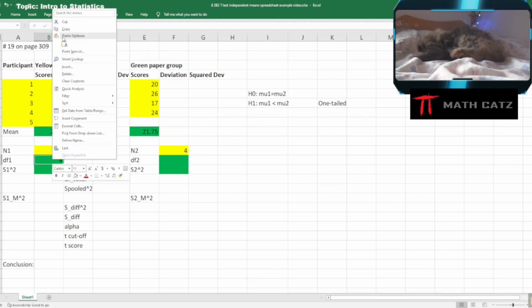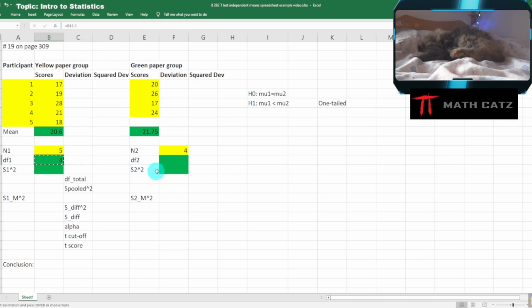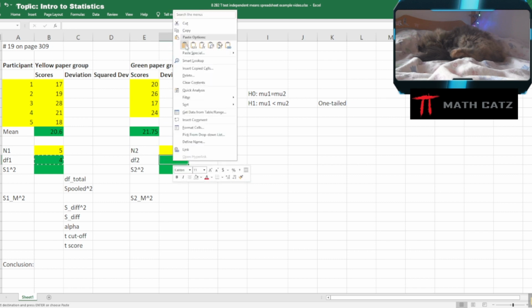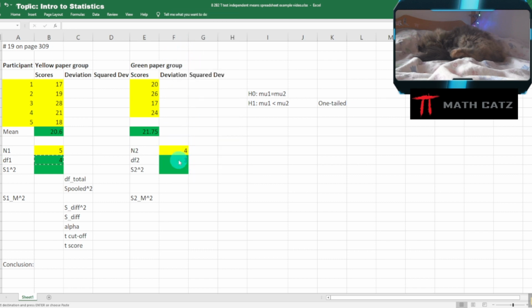If I copy this and paste it, and I double click on this to double check, it has done the same thing. The cell reference was relative to where my calculation sits, and now it's taking the cell above it to do the calculation, which is exactly what we want. Okay, so very nice, handy things there.